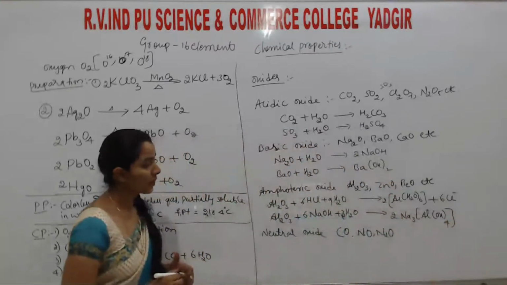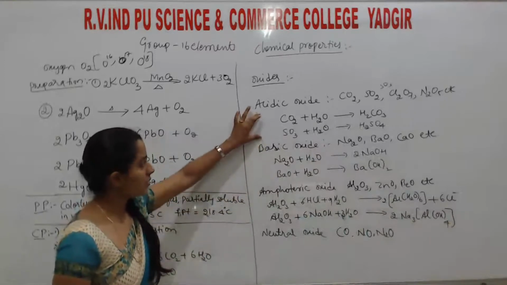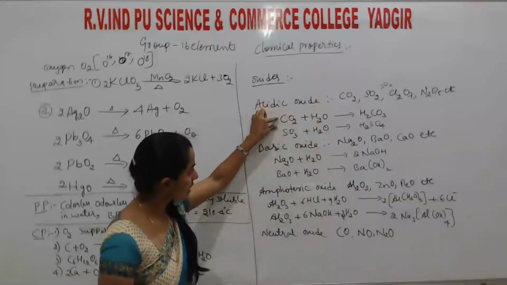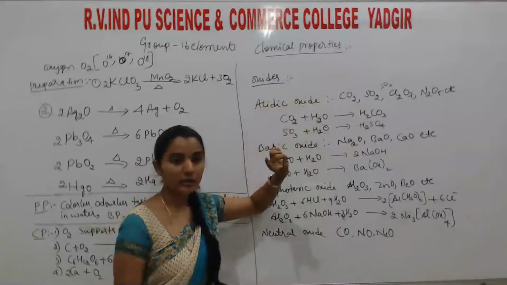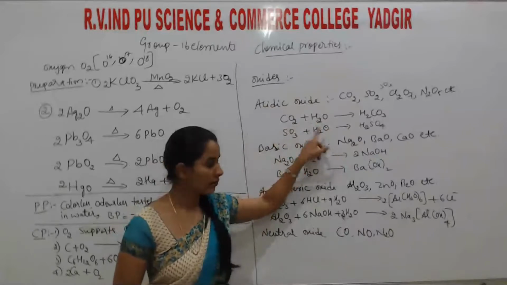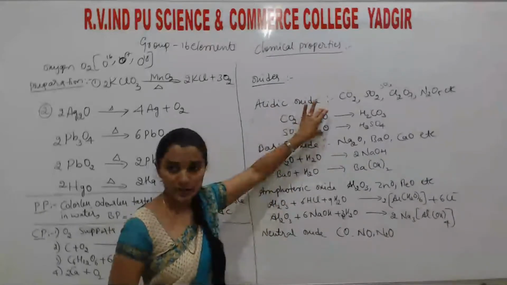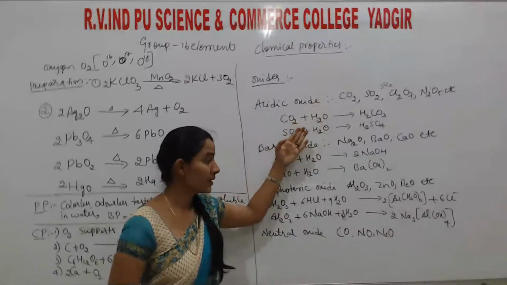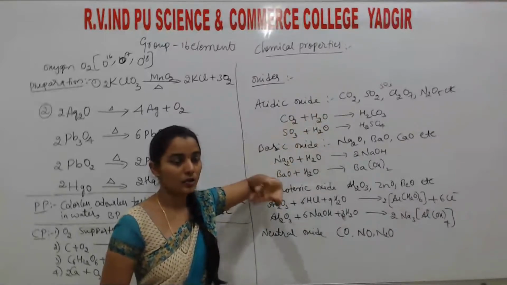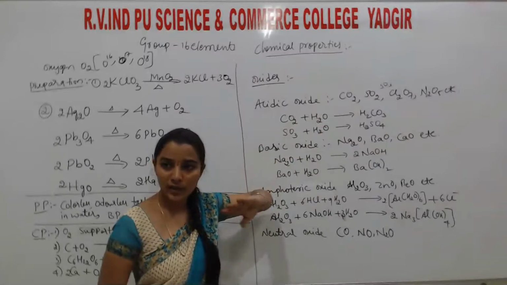Listen students, why is it called an amphoteric oxide? When it reacts with acid, it behaves like a base. When it reacts with base, it behaves like an acid. Amphoteric nature: it can show the property of acid as well as base.